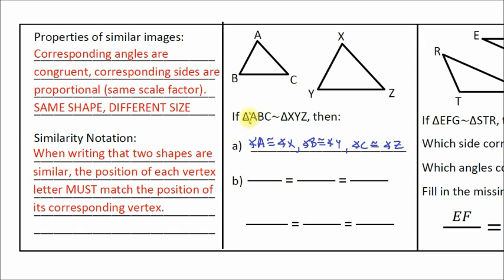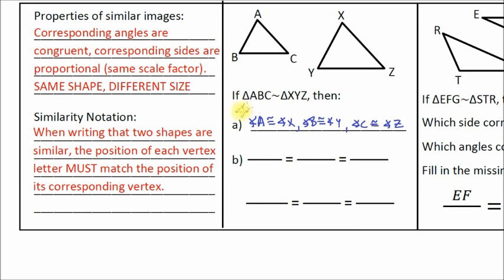And we know that because the order of these letters tells us which vertex matches up with which vertex in the two shapes. Okay, the next thing we know is we also know what the corresponding sides are. We know that the first two positions here, we've got AB. We know that is going to correspond to the first two positions of the second triangle in the similarity notation.